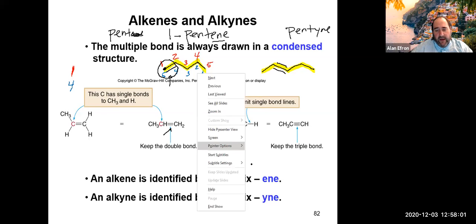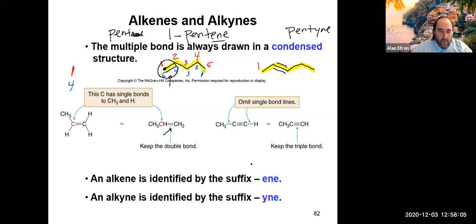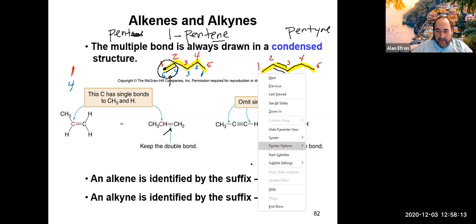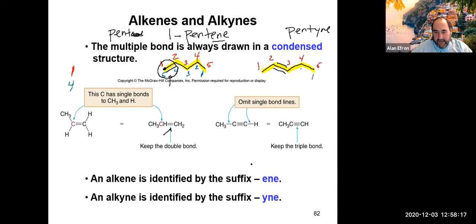So we do have two options. So we could go 1, 2, 3, 4, 5, or we could go the other way, which would then be 1, 2, 3, 4, and 5.